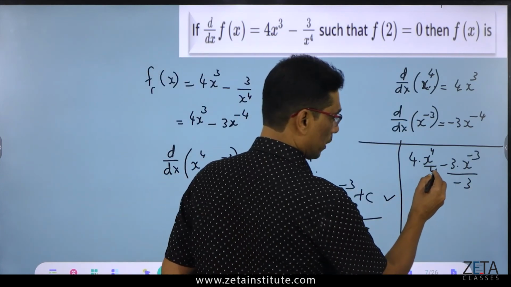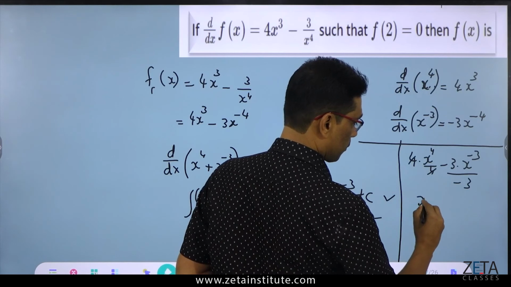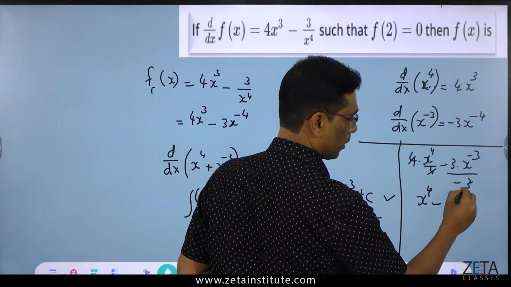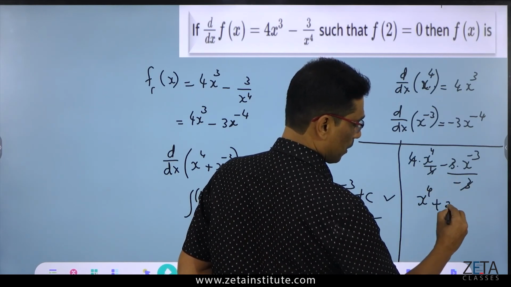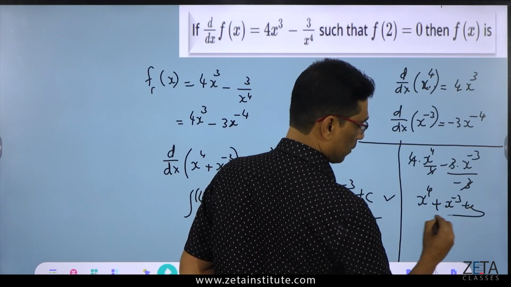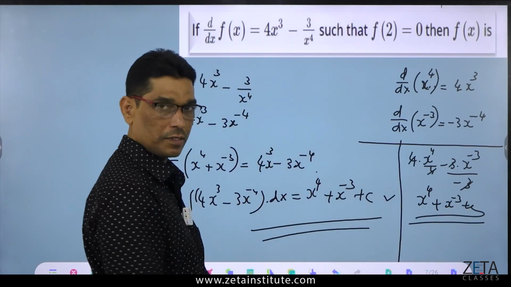So the 4 got cancelled, the 3 got cancelled, giving x raised to 4 plus x raised to minus 3. That is the answer we got, the same answer. So it's right.